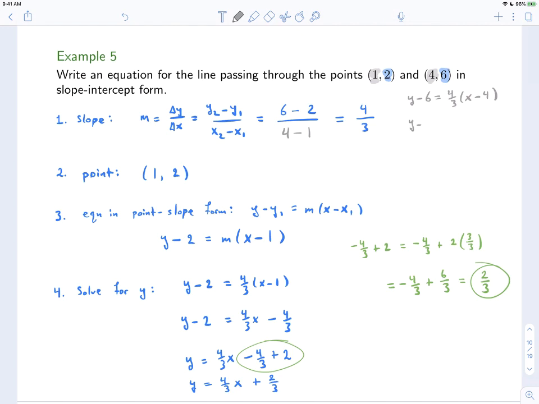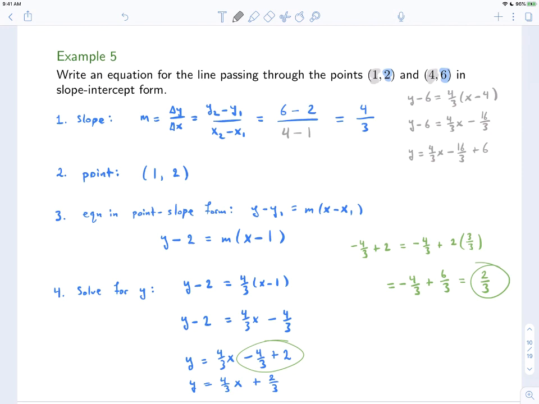So y minus 6 equals 4/3 x minus, and then 4 times 4 is 16/3. So now we have to add 6 to both sides. So we have y equals 4/3 x minus 16/3, and then we just add this 6.